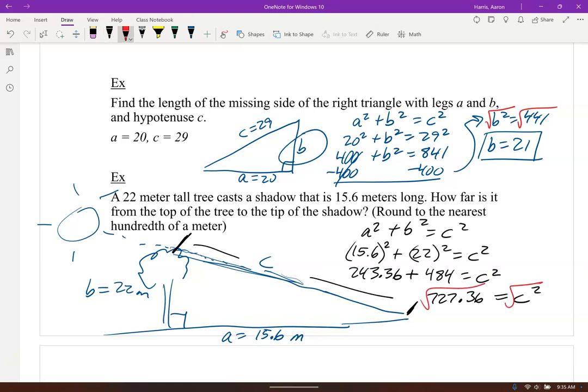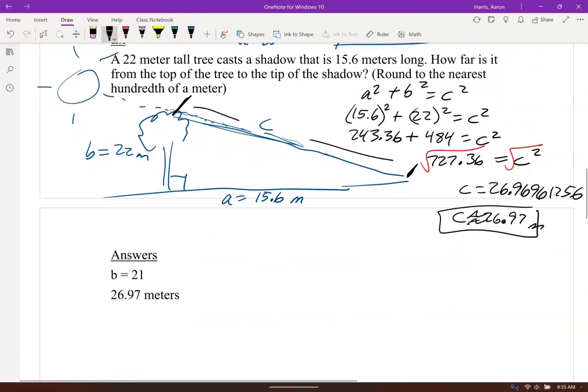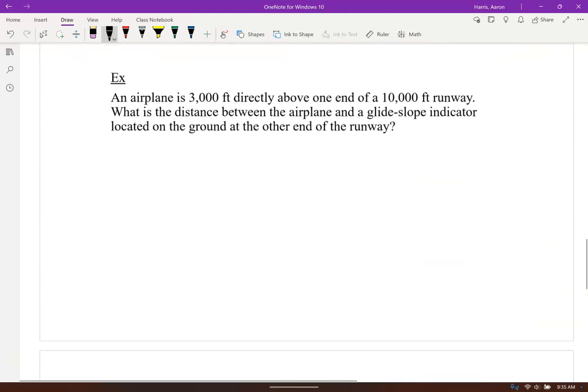I punch in the square root of 727.36, and c ends up being 26.9696123. We'll round that to the nearest hundredth, so 26.97, bumping that 6 up, approximately, meters by the way. So about 26.97 meters.